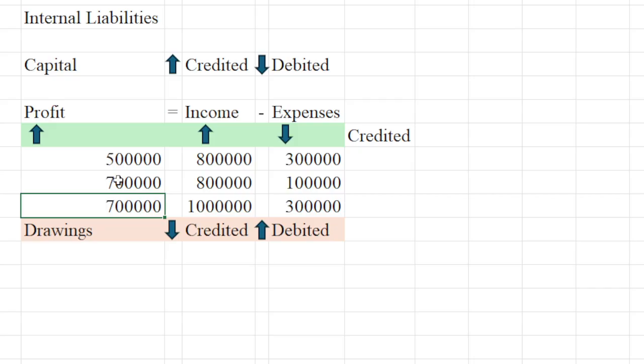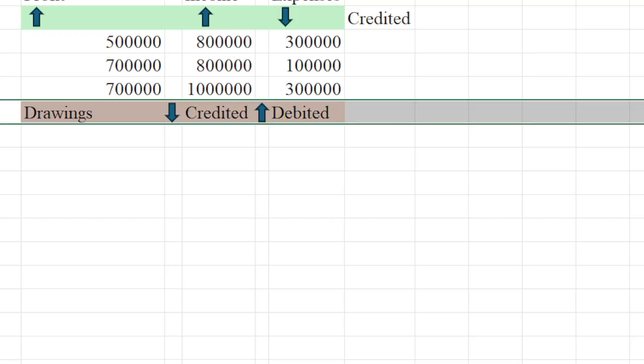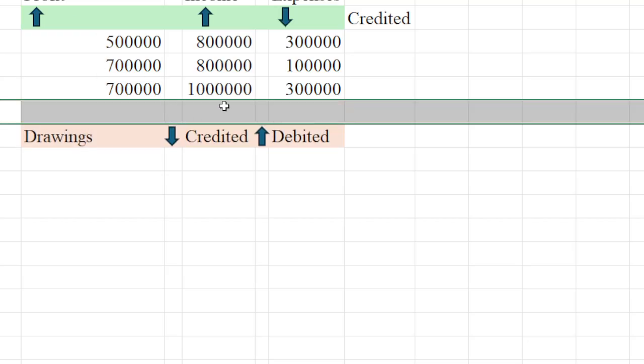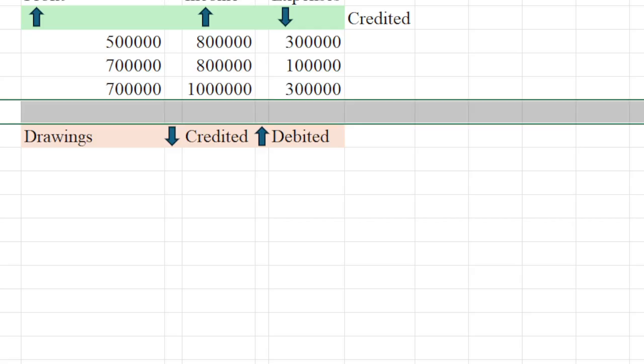Therefore, whenever income increases and expense decreases, we credit the transaction. And you will see the same effect when the expense increases. Let's see the same example with an explanation with an increase in expenses.